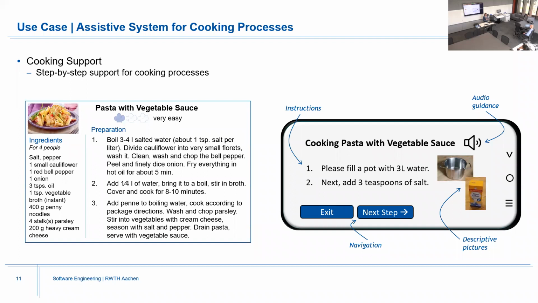And on the other side of the slide here, you can see a mock-up of how this could look in an assistive system, so that you have one or two steps in this case. This step-by-step support with additional pictures, textual representation of the instructions. You can have some navigation and some audio guidance where you can read out the information which is available.